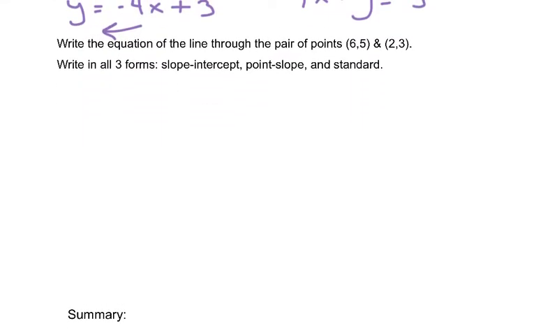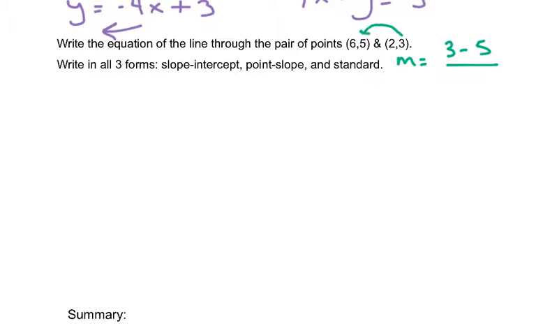Our last one says to write the equation for a line through the pair of points (6, 5) and (2, 3). Write in all three forms. Okay, so we're going to start by finding our slope. We need to subtract our y coordinates, so 3 minus 5. And then we're going to subtract our x coordinates.